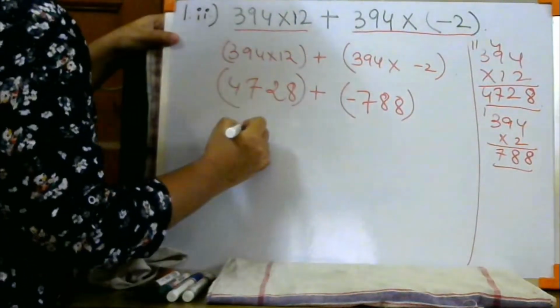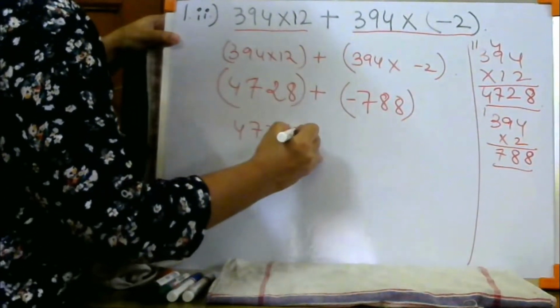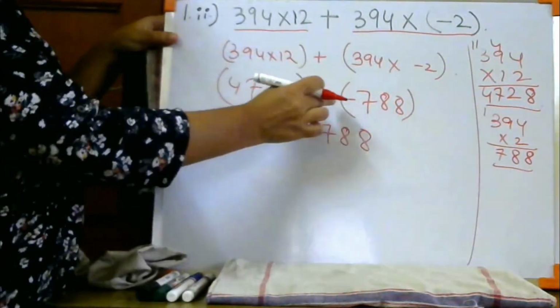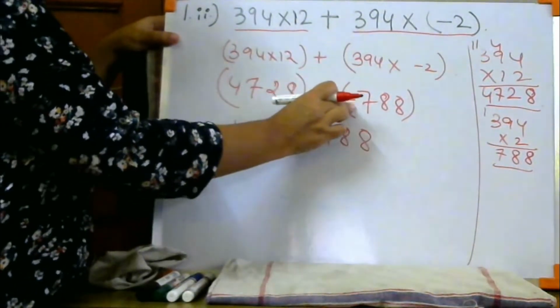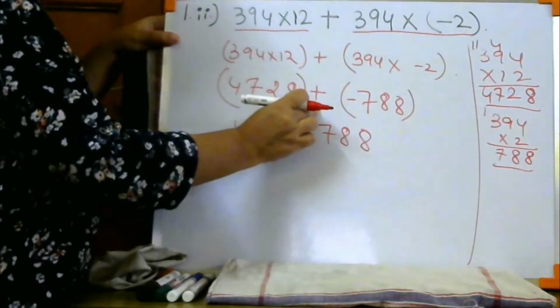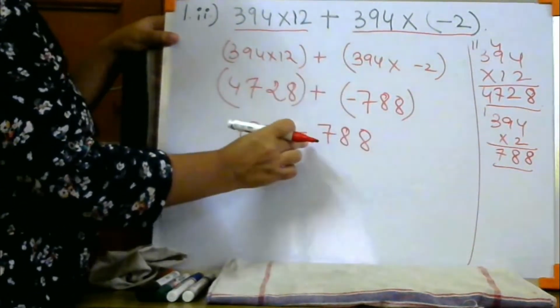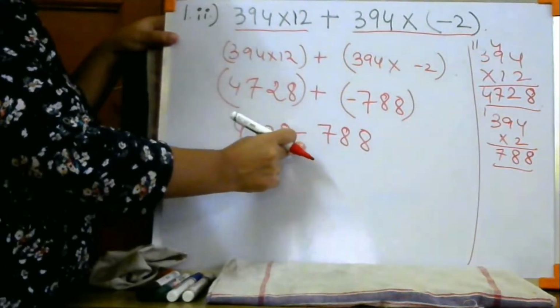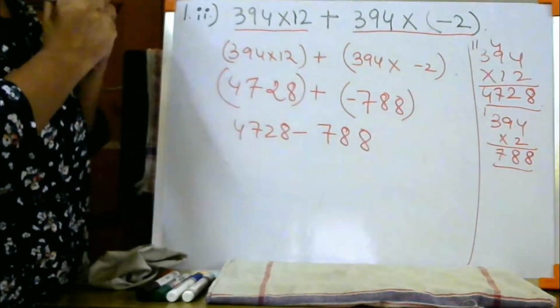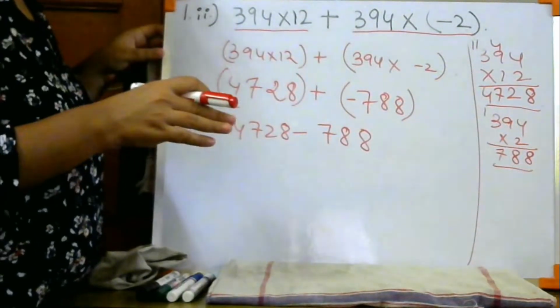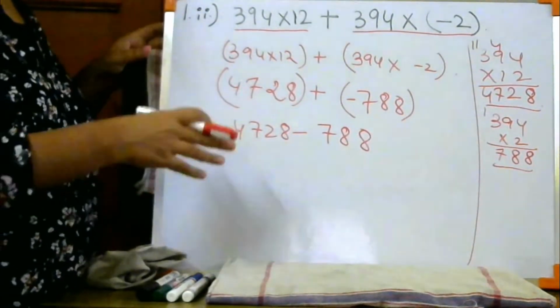My next step: 4728 minus, opening the brackets, it is going to be 788. When I open the bracket, this plus and minus are going to multiply each other. Clear? So when I multiply them, plus into minus is minus. I hope you people are understanding, because in algebraic expressions also you did it in the same way. The same format was followed, so the same thing we are doing.